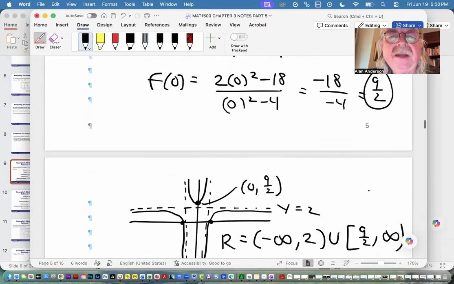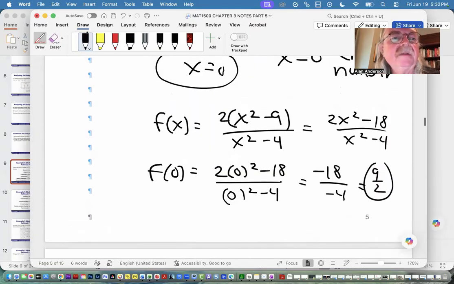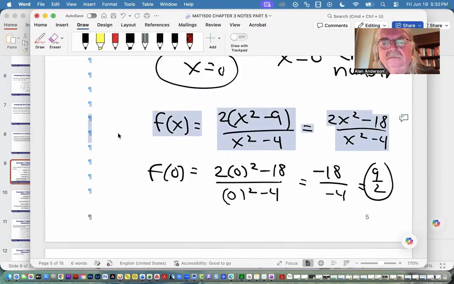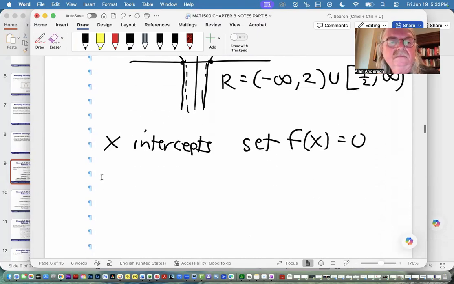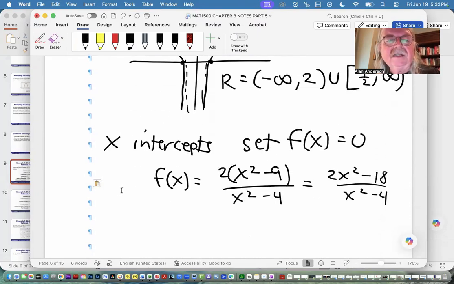All right, so let's go back and grab that original function one more time. We'll set it equal to 0.